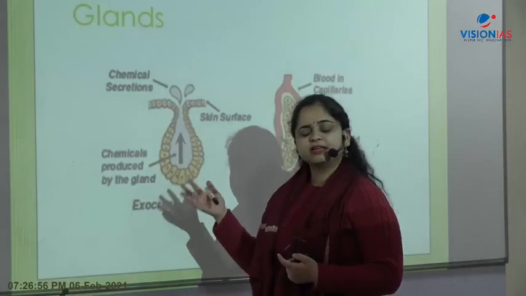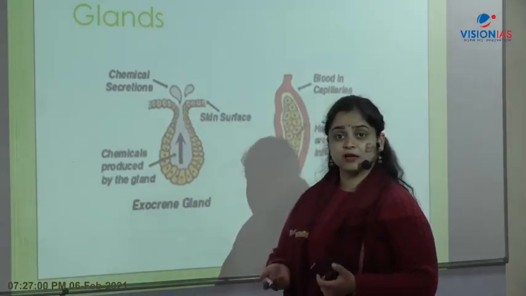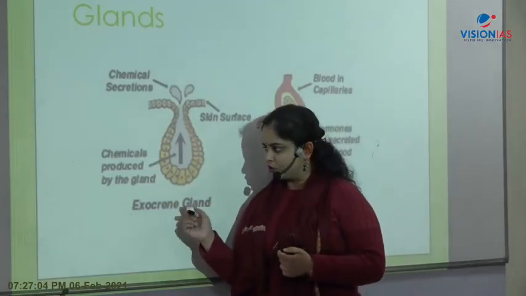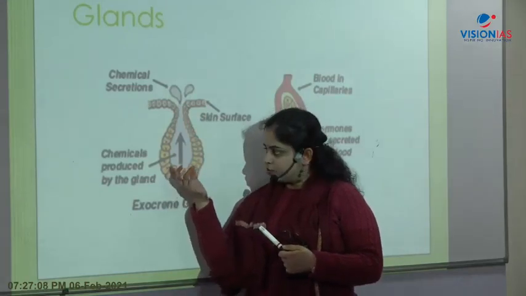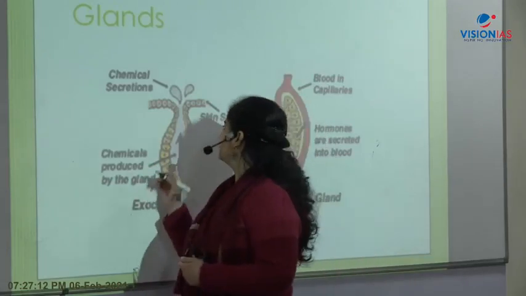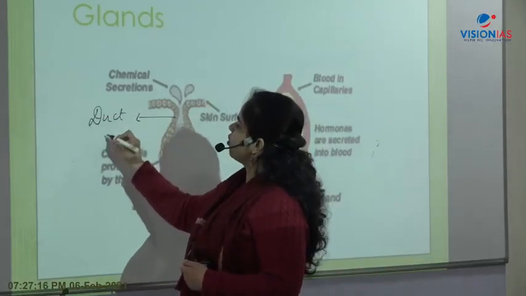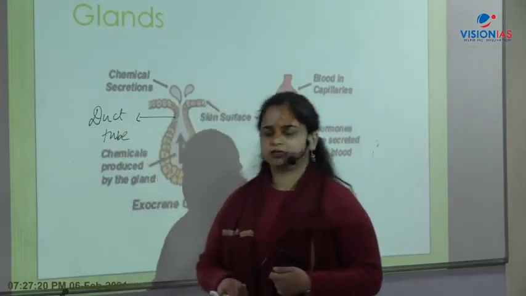So remember the liver, pancreas, we just discussed those. They are giving some secretions, they are producing some things. They are exocrine glands. What does this mean? That the gland produces certain secretions, certain chemicals, and then there is a duct or a tube which takes it to the other gland.